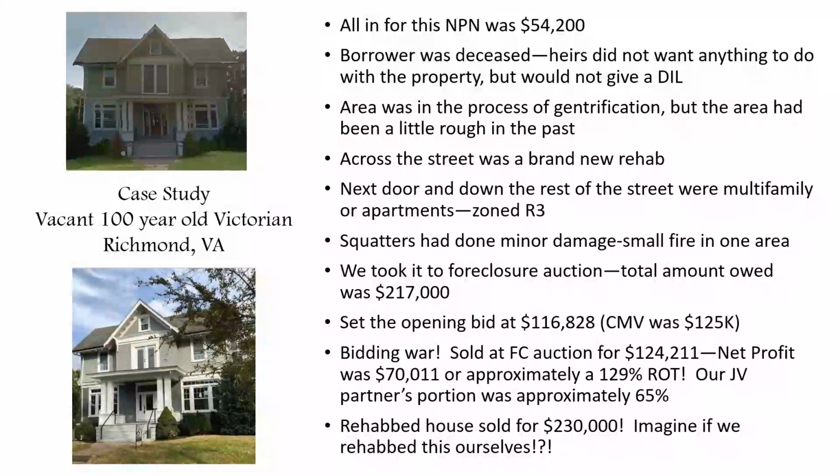So I can force up to the dollar amount that we're owed and then I could have rehabbed it myself and turned around and sold it for $230,000. I didn't have to start the bid at 116. I didn't want to rehab it, okay?